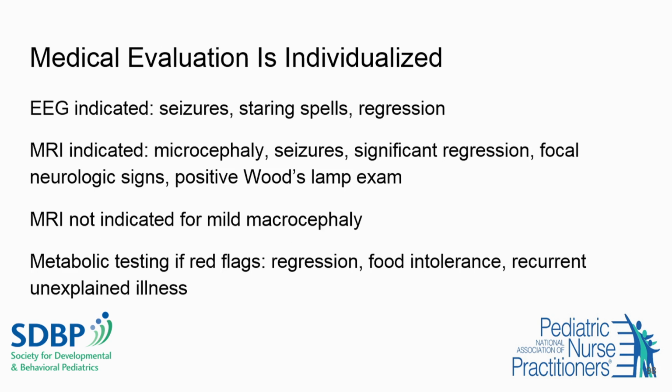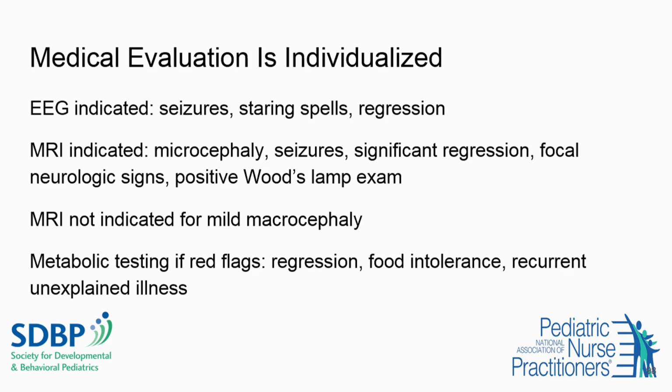And then what about other diagnostic testing? So there was a question early on about should we get an MRI, should we do an EEG? Really, it should be based on the presentation of the child. So we don't do EEG in every child. You will find some mild abnormalities that aren't really treatable in patients with autism, like generalized slowing.